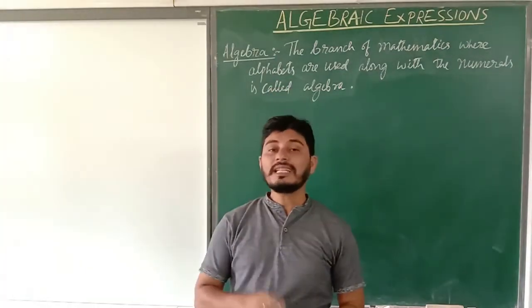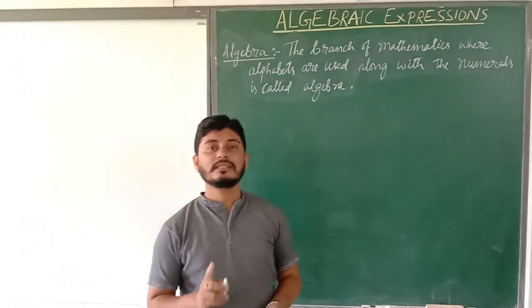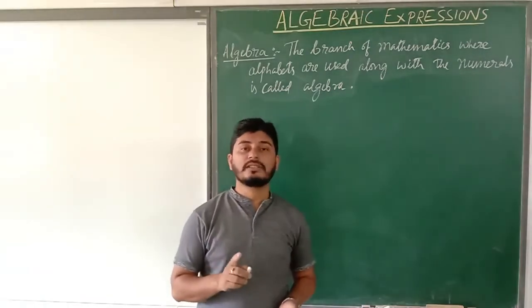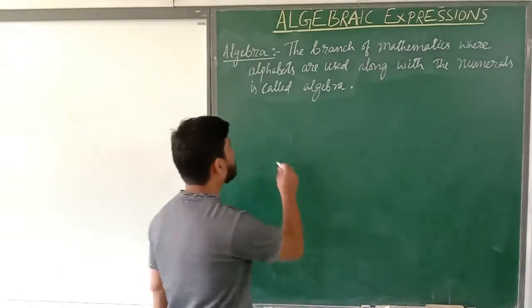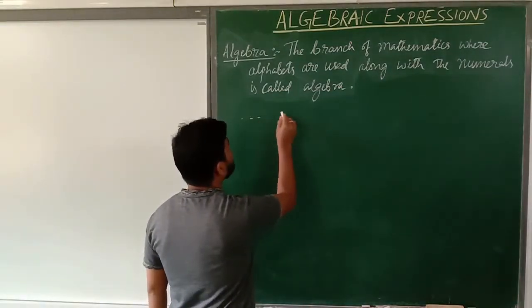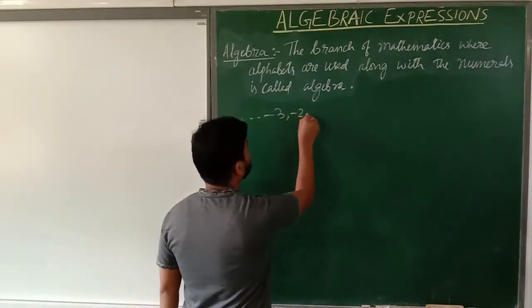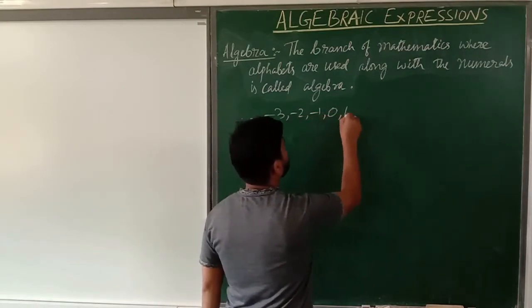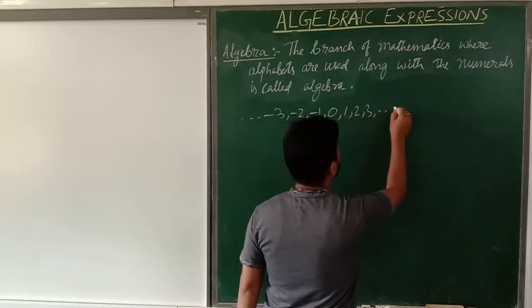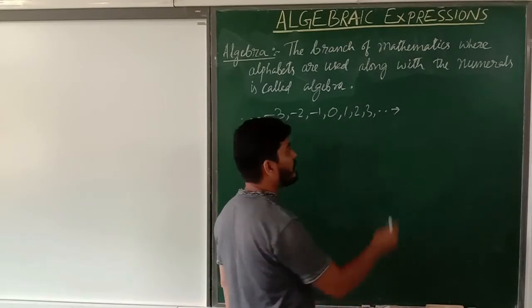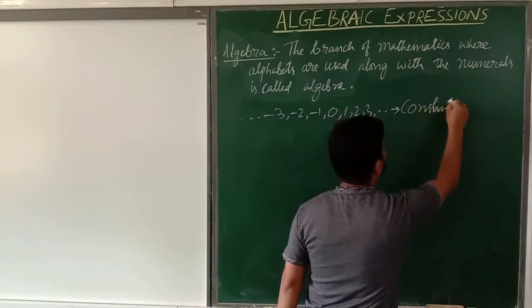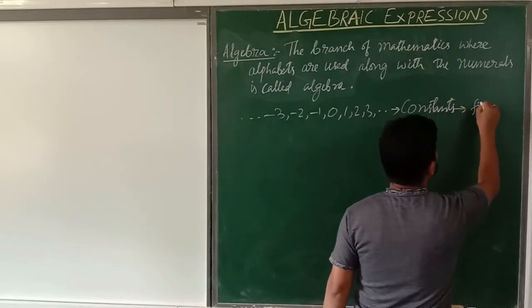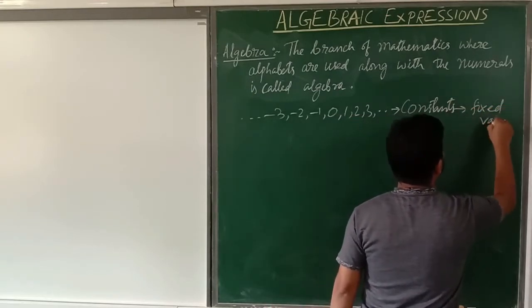Now in algebra these alphabets and the numerals have some specific names. As you see, the integers, all these have a specific name. They are called constants, which means fixed value.